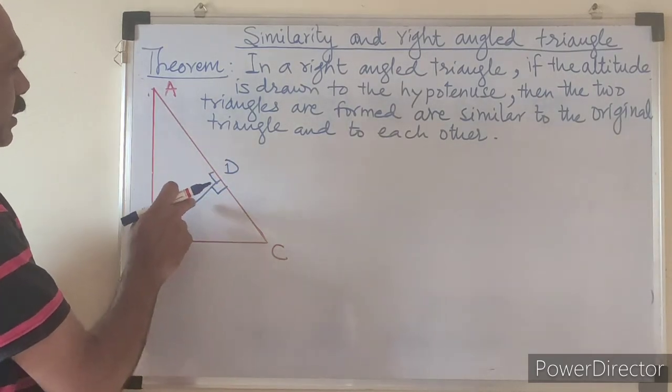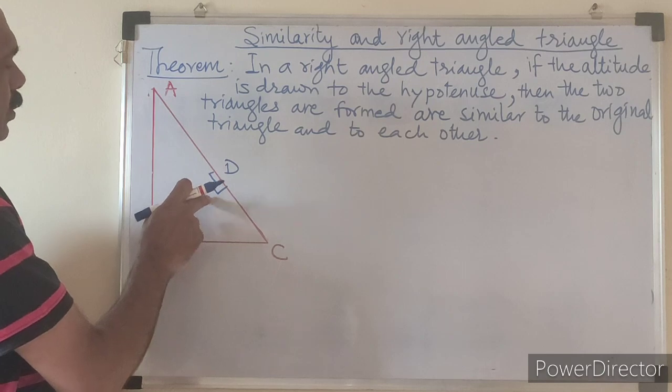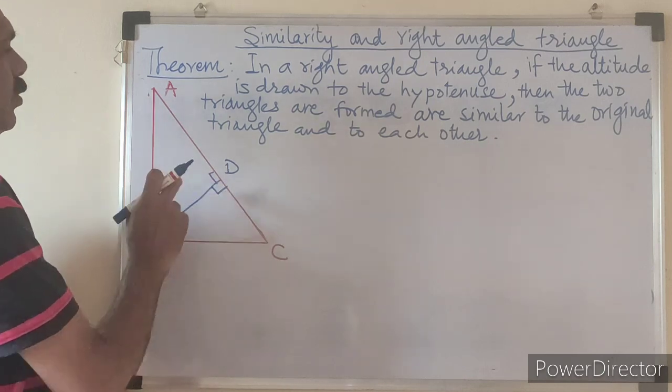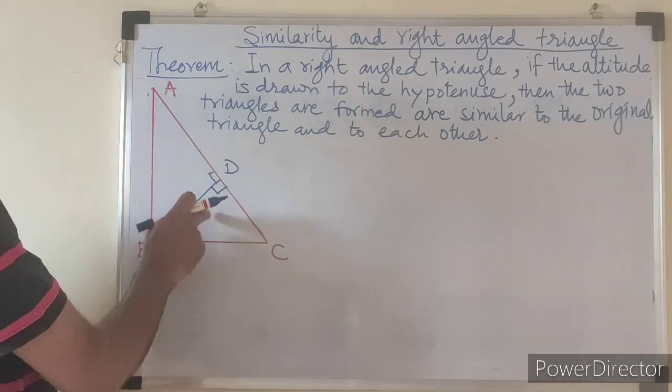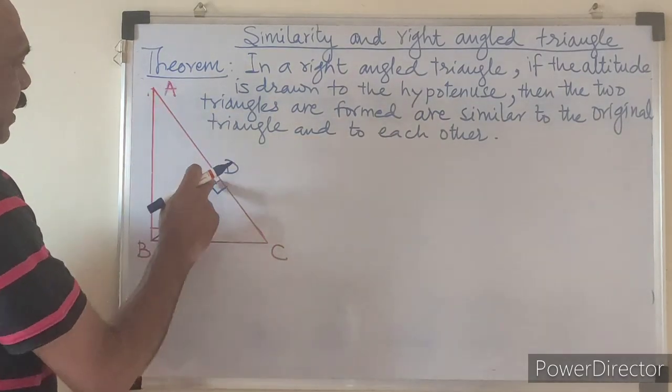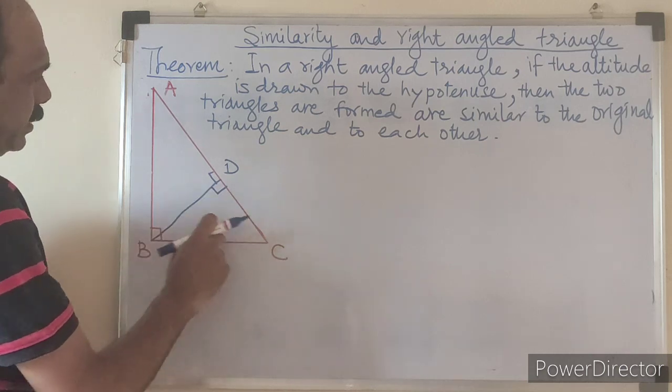Now due to this altitude drawn on the hypotenuse, two triangles are formed here, that is triangle ADB and triangle BDC.